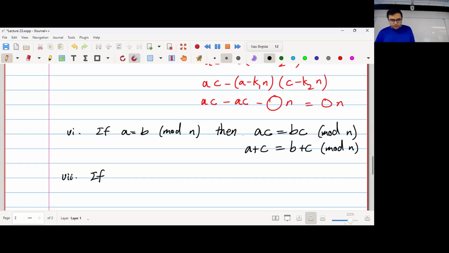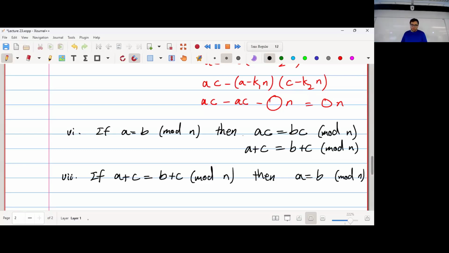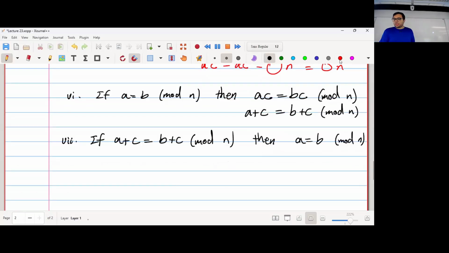So if A plus C is the same as B plus C modulo n, then A is the same as B modulo n. Right? Again, you can just write the definition. This means that n divides A plus C minus B plus C, but this is just A minus B. Right? So of course I have cancellation here.